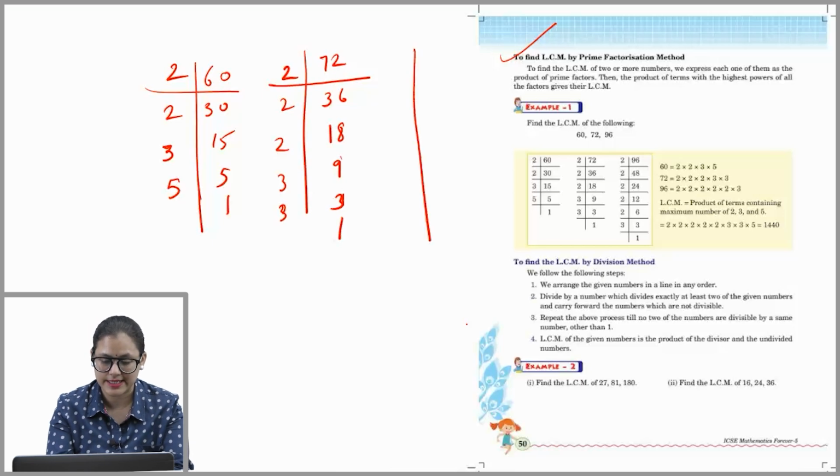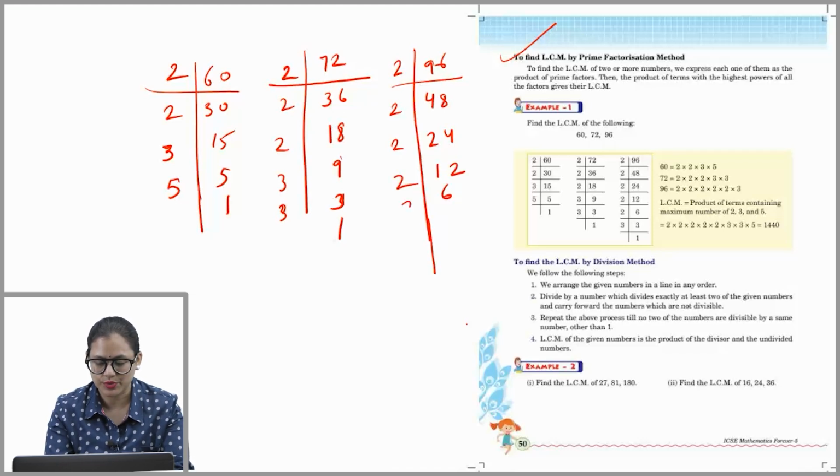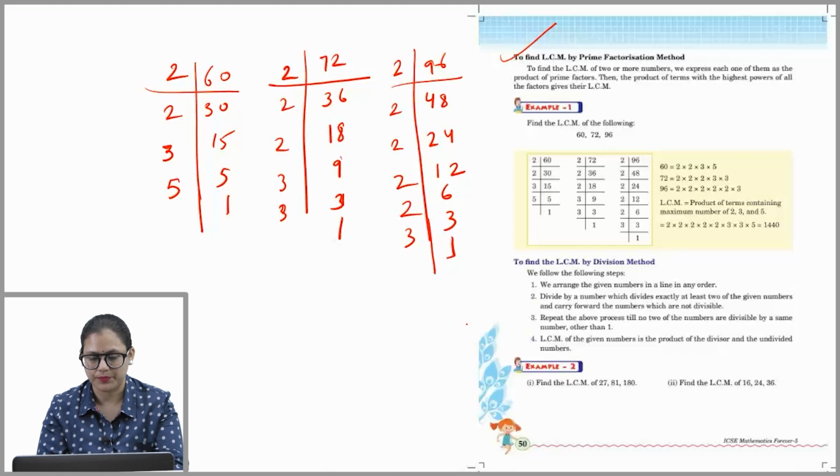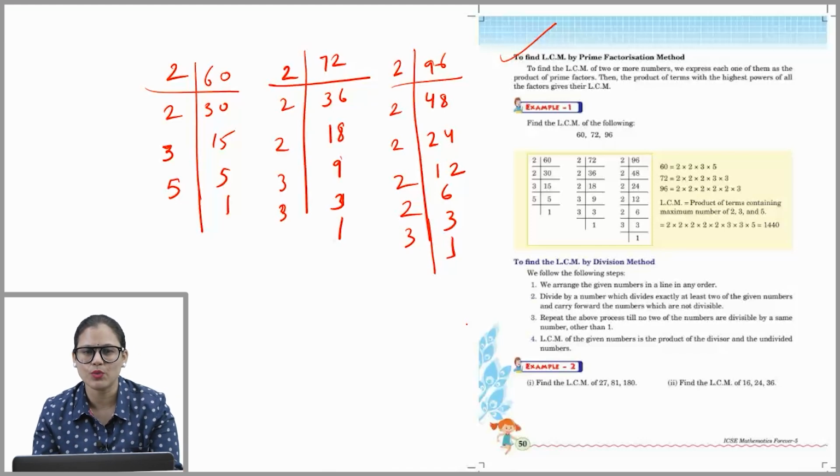Okay, next is 96. We'll start dividing by 2. 2 48s are 96, 2 24s are 48, 2 12s are 24, 2 6s are 12, 2 3s are 6, and 3 1s are 3. Okay, now the LCM is what?